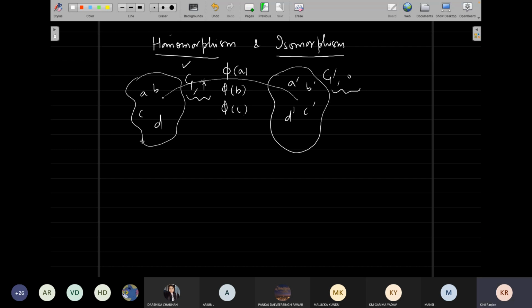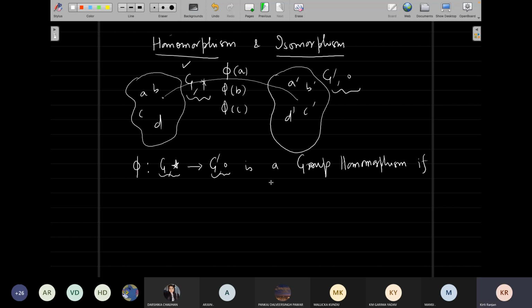This is what we are going to discuss. So phi from G with star to G prime with composition, this is just to show that it can be any binary operation in the other one, is a group homomorphism.